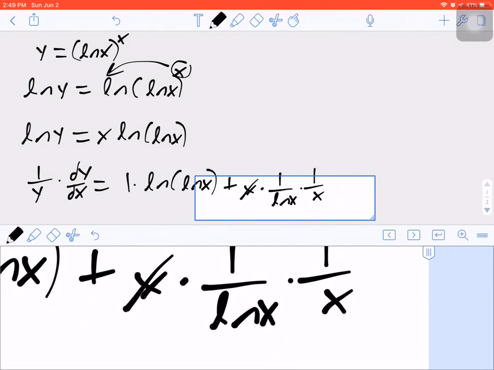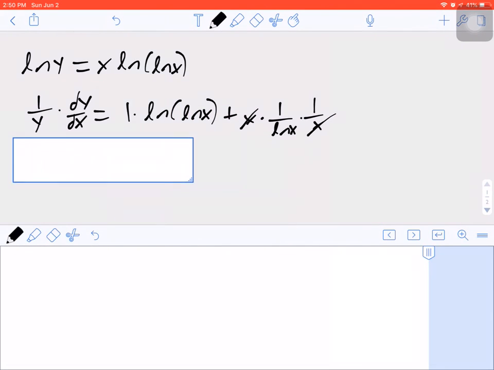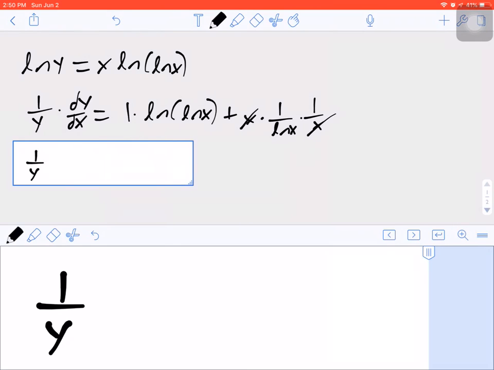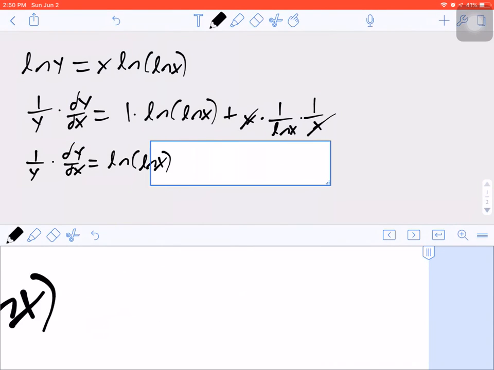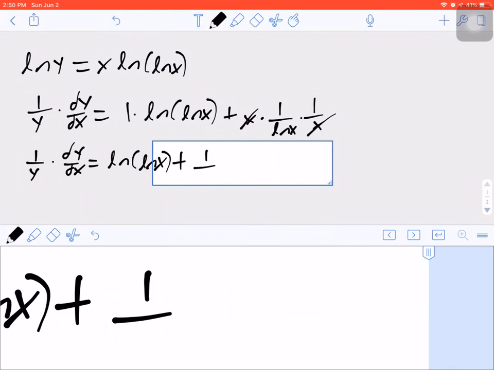And the x's cancel. So let's just simplify this a little bit. 1 over y times dy dx equals ln of x plus 1.